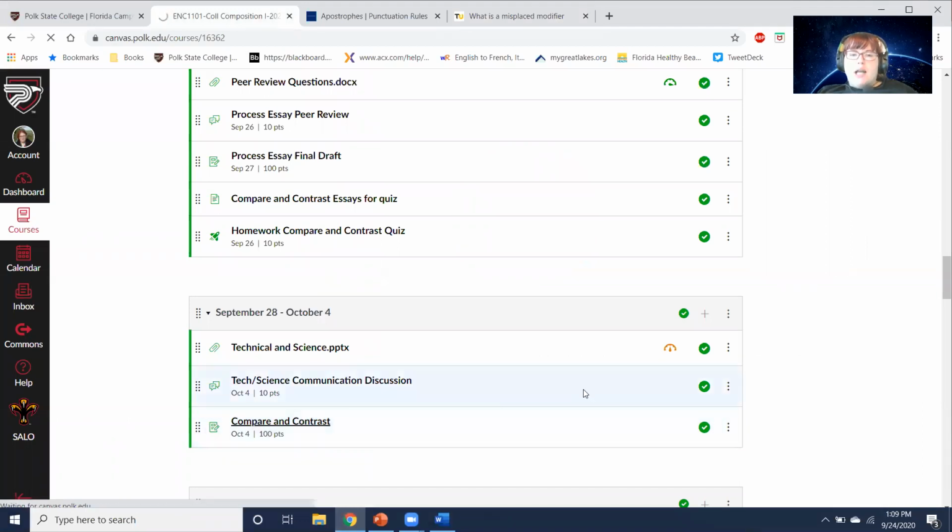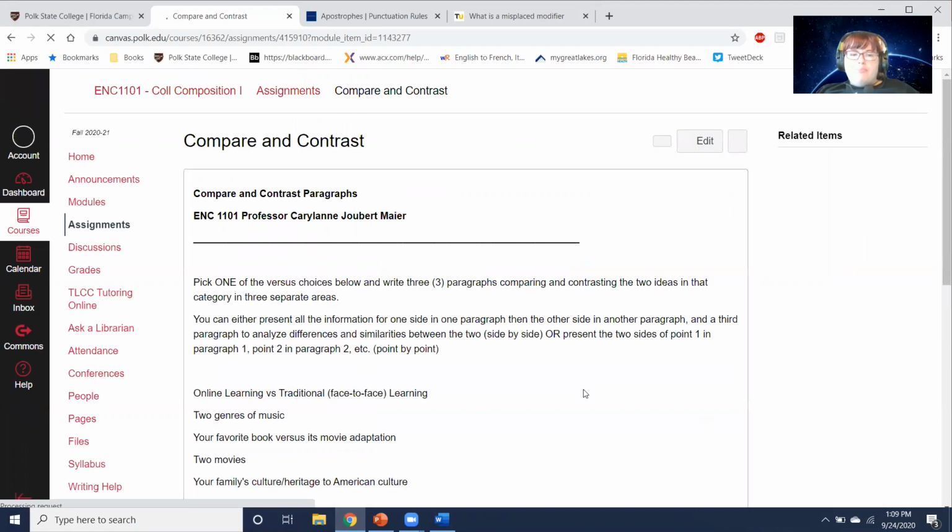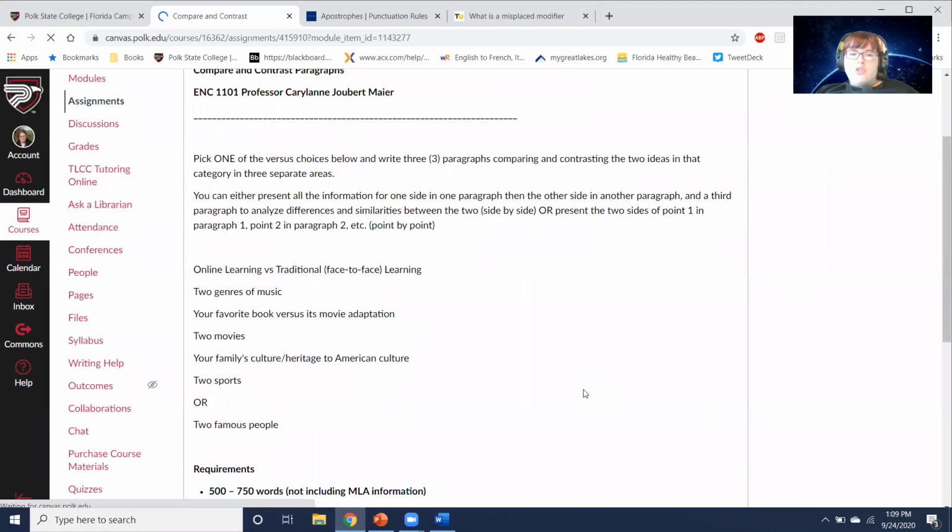Okay, so for this week, for the assignment, instead of doing a full essay, you're just going to write 3 body paragraphs. You're going to pick one of the versus choices below and write 3 body paragraphs comparing and contrasting the 2 ideas in that category in 3 separate areas. You can do it side by side or point by point, as long as you have 3 areas where they're compared or contrasted to one another.